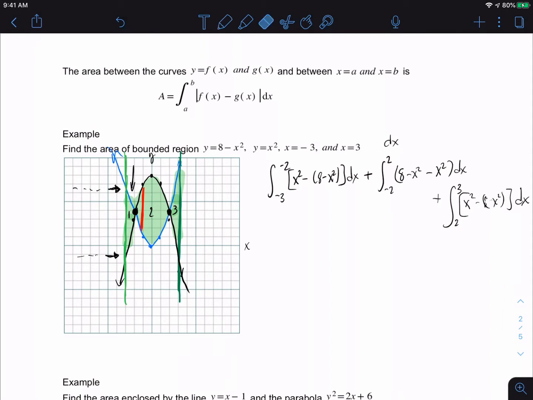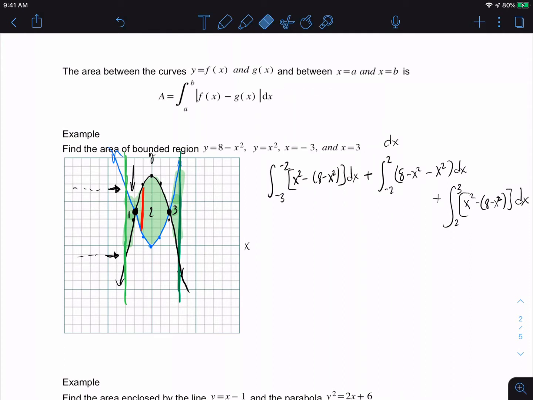That's not readable for you, so I'll rewrite that. Does that make sense? Now I have 3 regions. Instead of doing this absolute value piece, I'm breaking it up into 3 different sections and doing it that way.